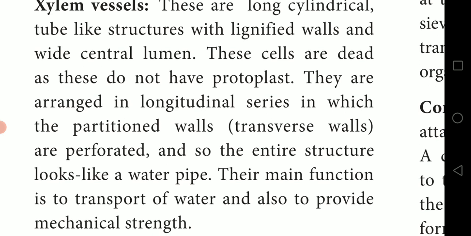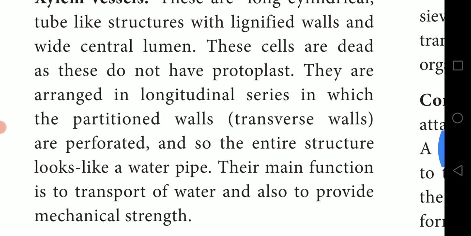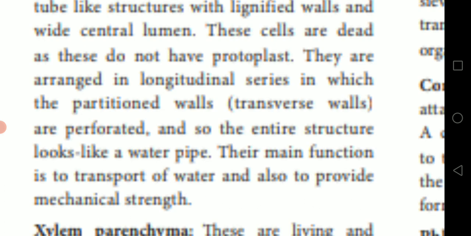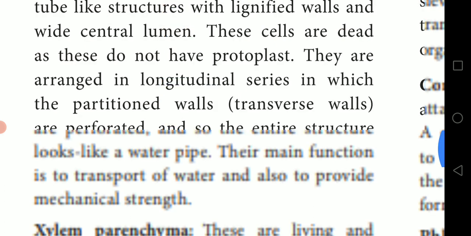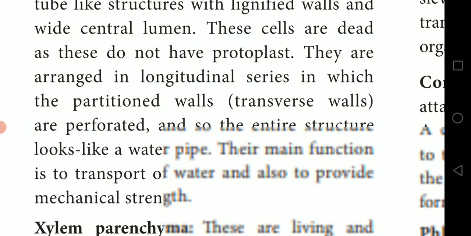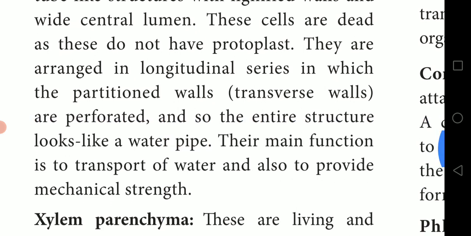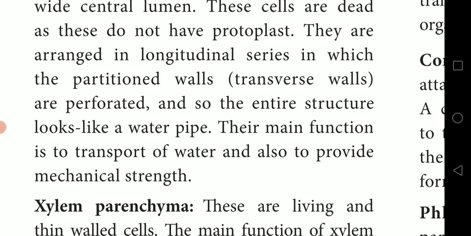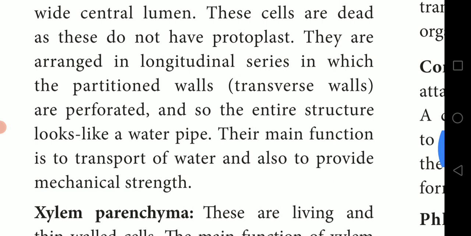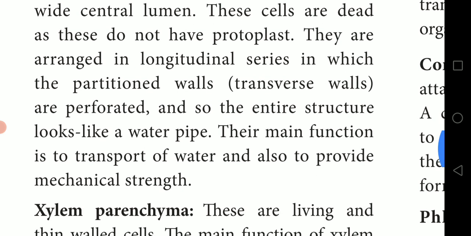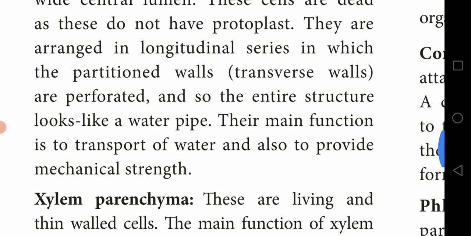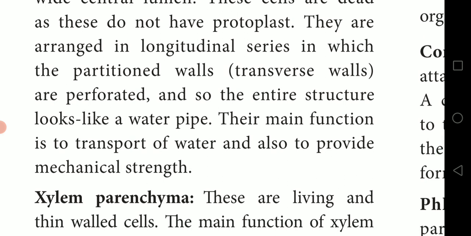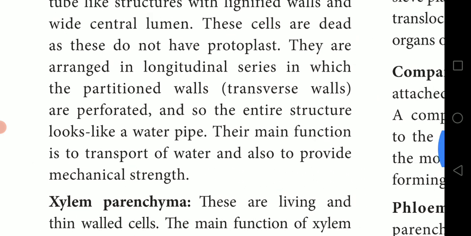They are arranged in longitudinal series with partition walls, in a linear, continuous manner. Partition means block or compartment-like structures. These are also called transfer walls, which are perforated, so the entire structure looks like a water pipe. The main functions are to transport water and also provide mechanical strength.